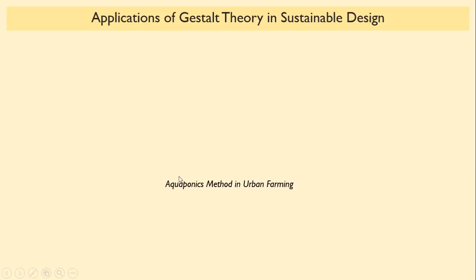Last but not least, I want to show you how Gestalt theory has been applied in sustainable design. Now, what sustainable design means is that when you're designing a product or a service, it doesn't pollute the environment. It doesn't take more resources than necessary to create your product. Kind of like how most papers today are created from recycled papers, recycled newspapers, recycled bags, recycled whatever, as opposed to cutting down brand new forests every time you want to create a box of papers.